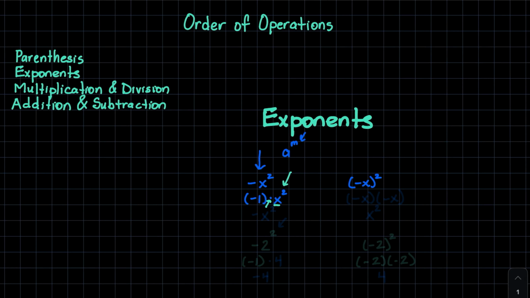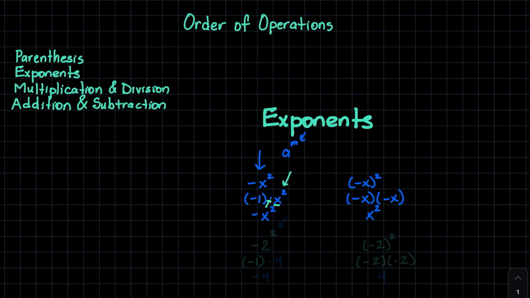Over here, the parentheses are implying that this negative x is one number, and I'm squaring that. So this is the same thing as -x times -x, which is what it means to square something, multiply it by itself. But a negative times a negative is a positive. So this ends up being a positive x squared, but over here we get a negative x squared.